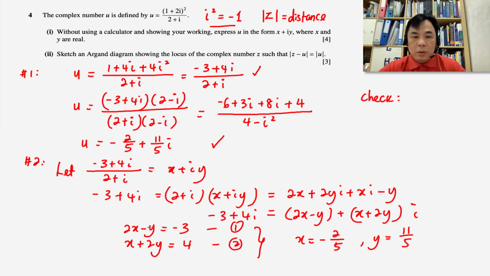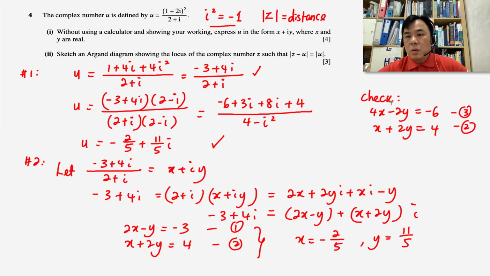So if I were to multiply 2 to both sides, I will get 4x minus 2y equal to negative 6, and then we have x plus 2y equal to 4. That is our third equation, and this is our second equation. So if we were to eliminate that, we have 2 plus 3, we have 5x is equal to negative 2. Therefore, x is equal to negative 2 over 5, which is correct.